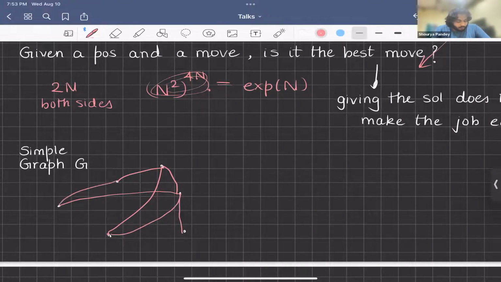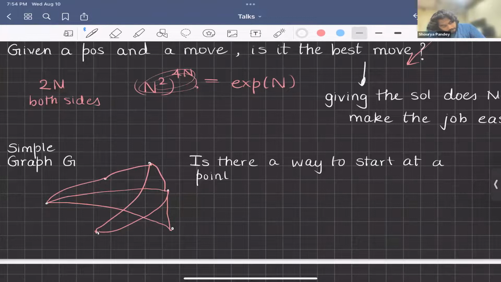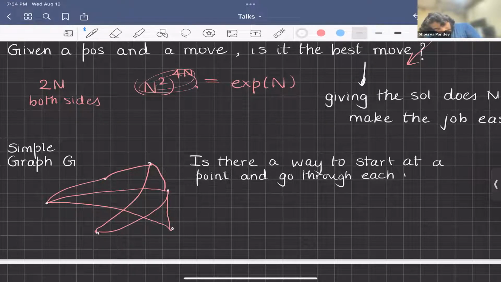So my task is, hold on. The question is: is there a way to start at a vertex and go through each vertex exactly once by traveling along the edges?